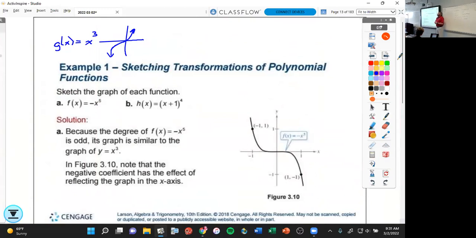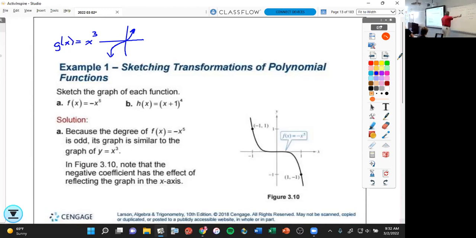When I'm talking about whether a function is increasing or decreasing, we only read left to right. When I'm talking about what the function is doing on the left side or the right side, let's go away from the middle. What is this graph doing as we go to the left? It's increasing forever.